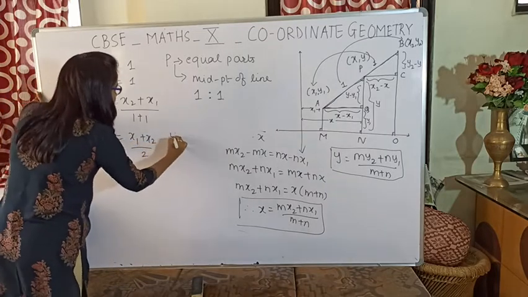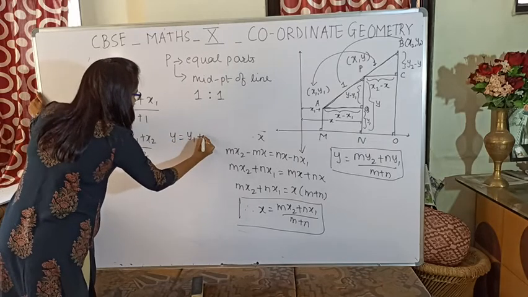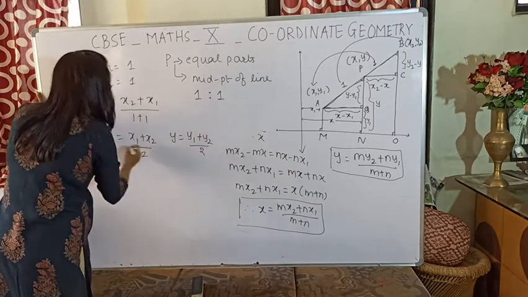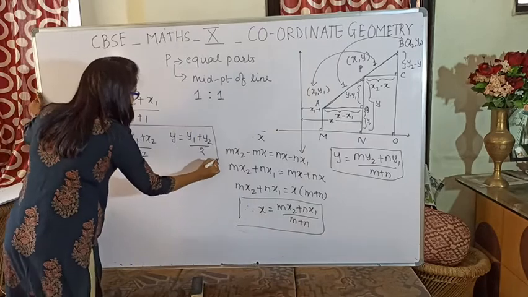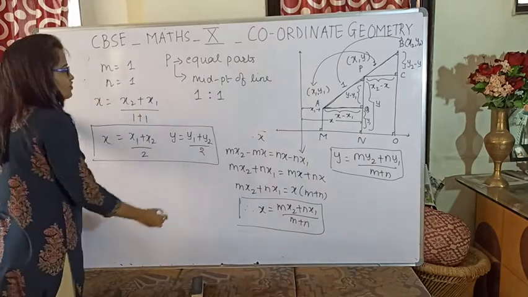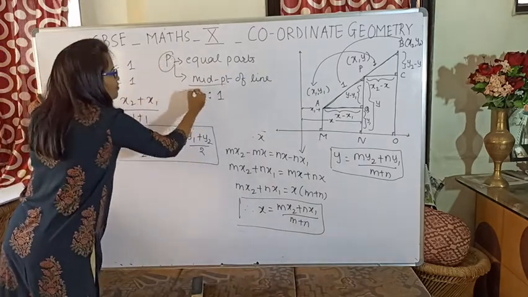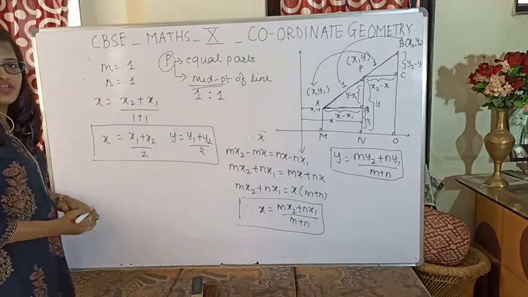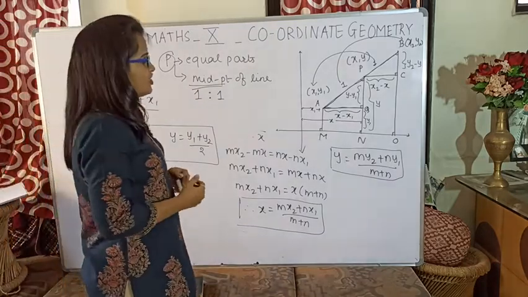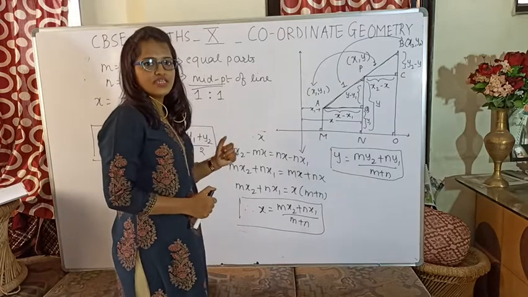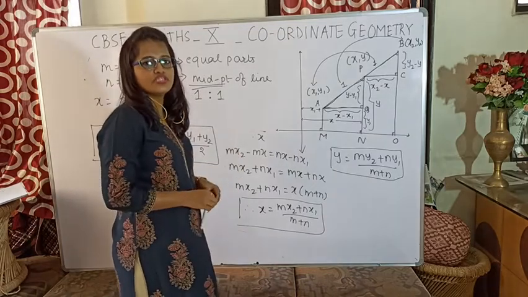Similarly, what will be y? y1 plus y2 divided by 2. So this becomes the section formula for finding the coordinates if the point is the midpoint of the line. Whenever the point is the midpoint, the ratio in which it divides the line is equal, hence the ratio will be 1:1.